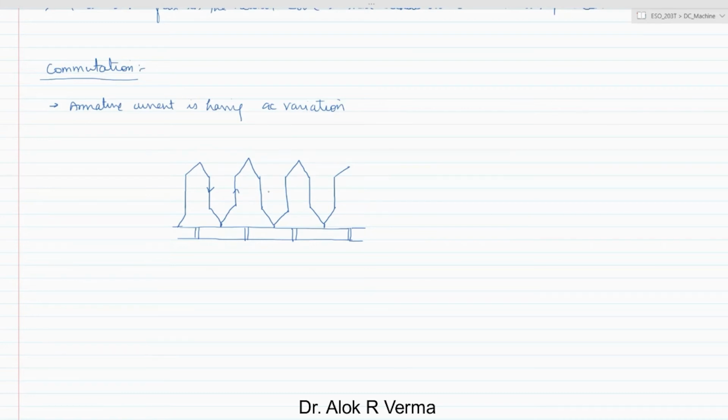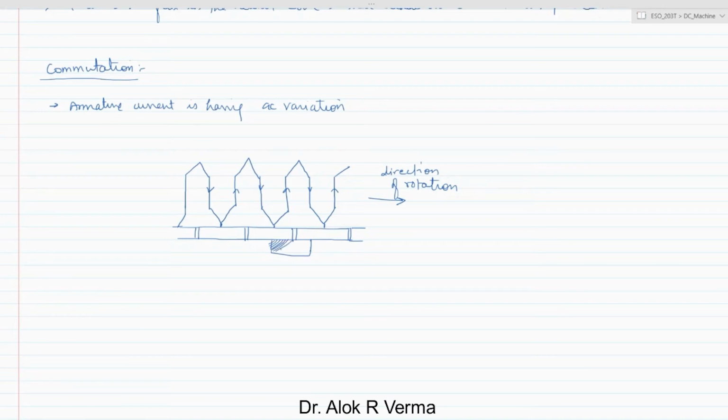Now the same current will be coming here and then going here, coming here, and then going to the top. So this is how the motion of the winding will be. This is the direction of rotation. This is basically rotating, and the position of the brush, you can assume, is here.